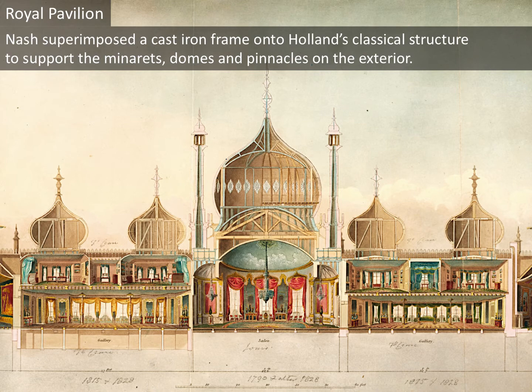In fact, when John Nash did this renovation, he didn't tear down the original building. He just put that weird roof line on top. So basically, from this line down is the original structure, and then from this line up, you see all of the onion domes. So they're simply superimposed on top of that original structure.